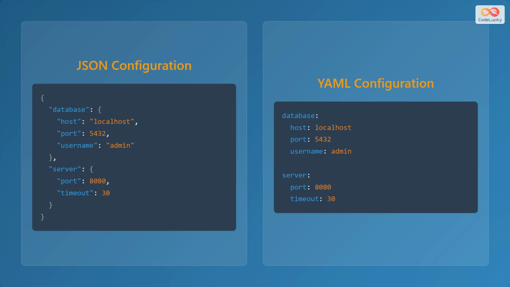YAML configuration provides the same information, but with a more human-readable format, using indentation instead of brackets. YAML is often preferred for its cleaner syntax and better readability, especially for complex nested configurations. Both formats support the same data types and can represent complex configuration structures effectively.